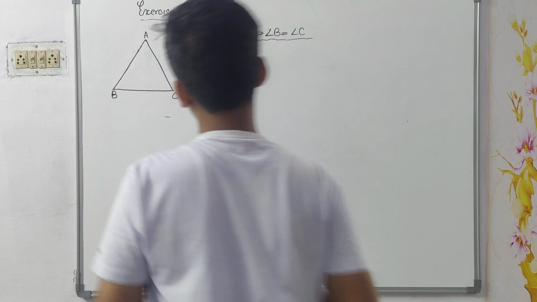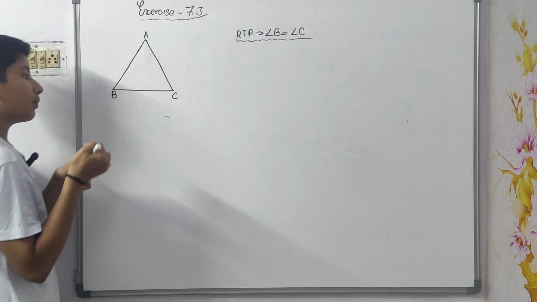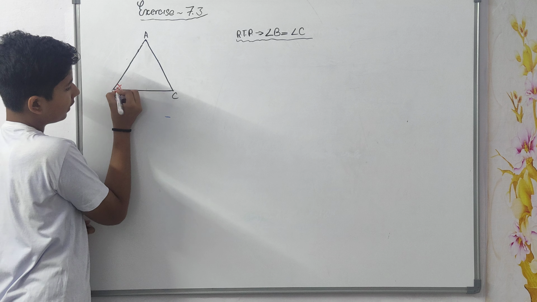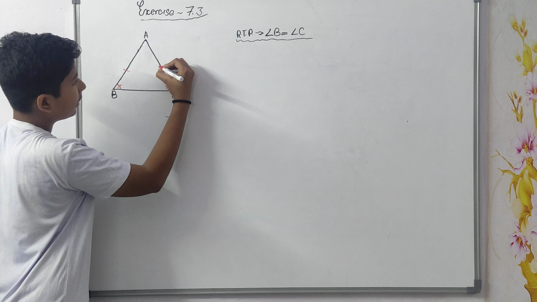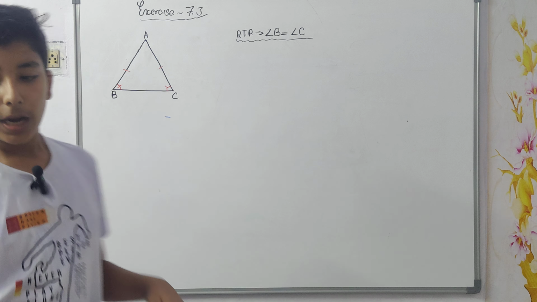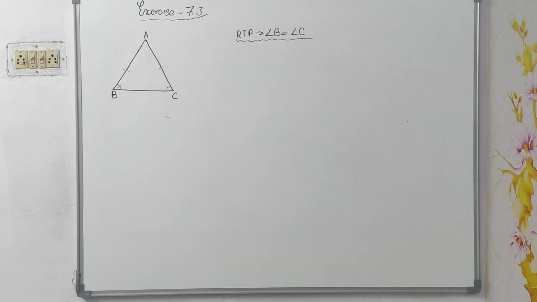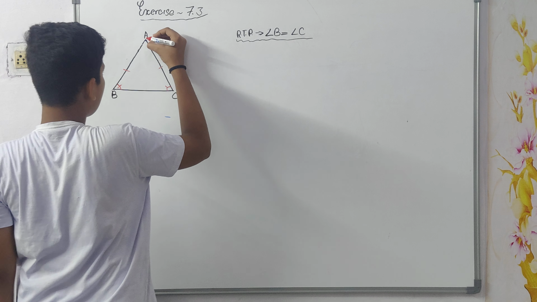So here friends, we have to prove that this angle equals this angle, and it is given that these two sides are equal, and also one more thing must be given. AP perpendicular bisector of BC.